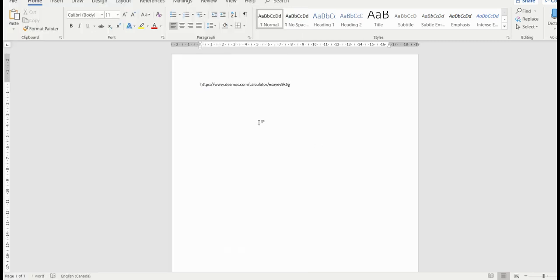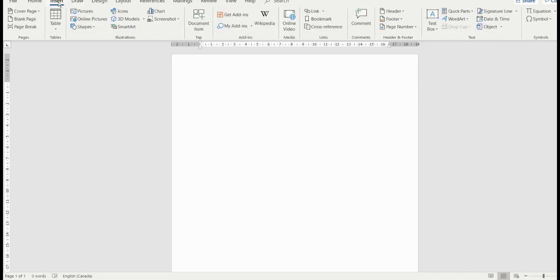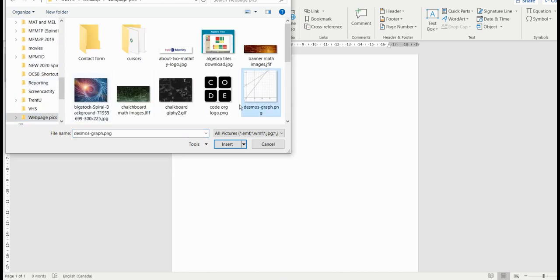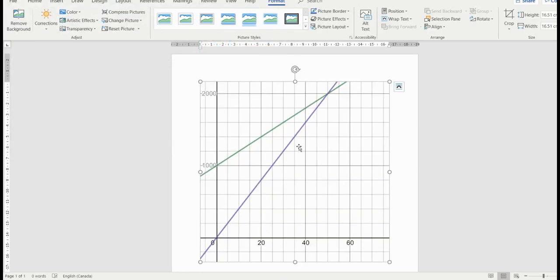And then you could upload it into something. Insert image. See if I can find that quickly. And just gotta remember where I put that. And there's our graph. And easy as that. Like how awesome is that, eh?